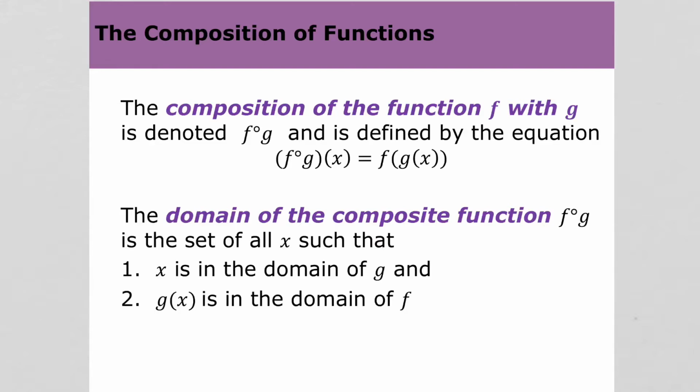So f composed with g is the same thing as f of g of x. What does that mean? It means we take g of x, plug it in for x in f, and then simplify. We're going to work some examples.